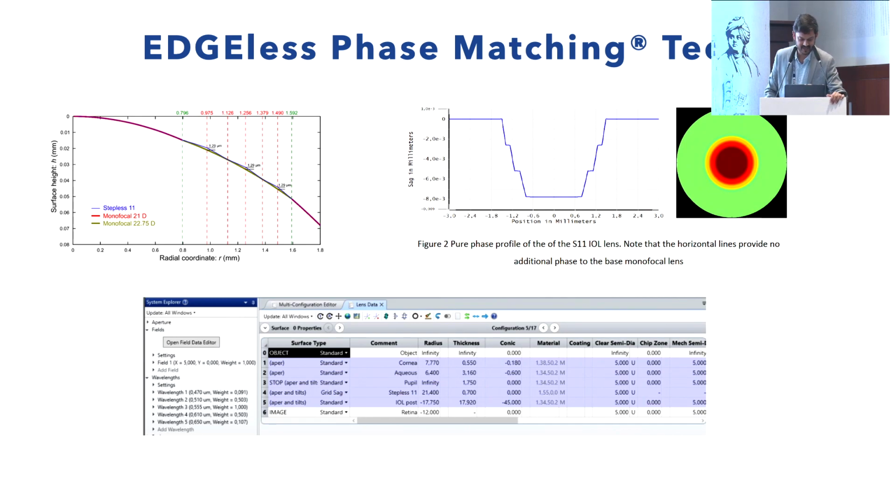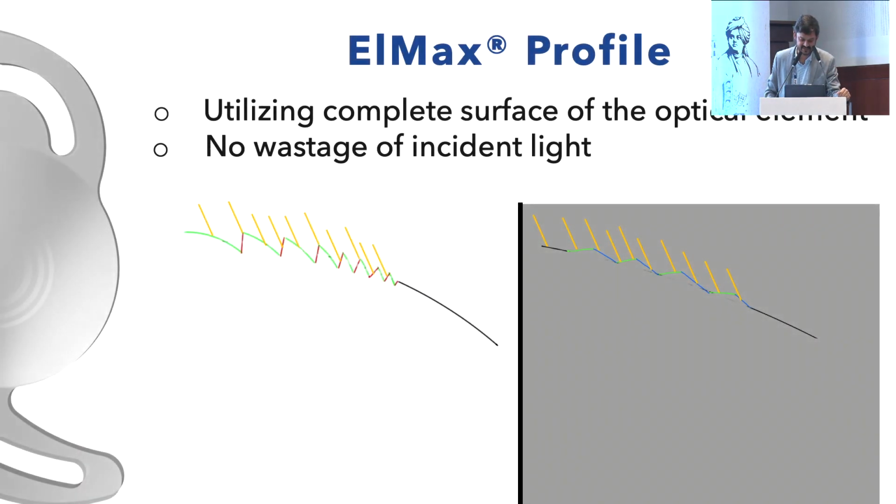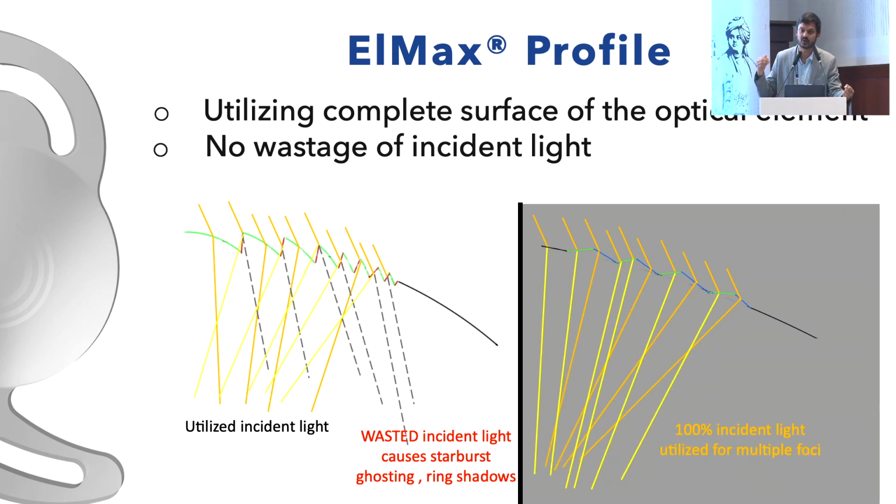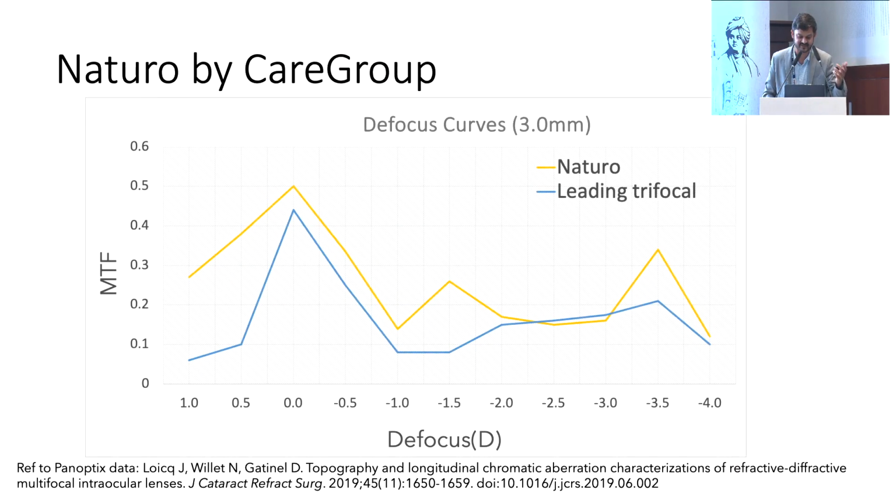Now I did a study on this myself because I wanted to know if it actually diffracts light or not, and we got a ray tracing model made, and it actually made sense. So what happens is that this surface, which is the Lmax profile, utilizes the complete optical element to give light to a useful focus while eliminating those edges that cause the waxy vision.